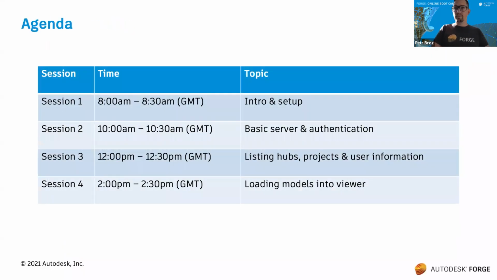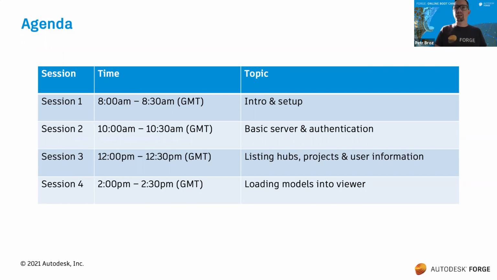As for the sessions, the first session, just like yesterday, we're going to make sure that we have all the accounts and application integrations ready, and that we have some development environment available as well. In session 2, we're going to start implementing our Node.js server and provide some basic authentication endpoints to it.